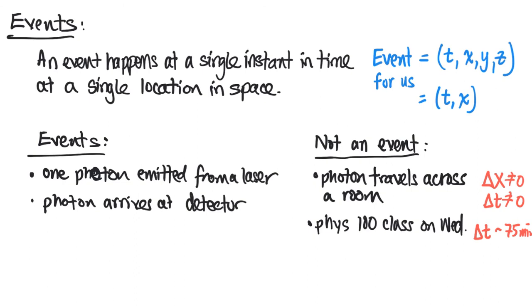That will depend on reference frame, but there will be a conserved quantity that involves both space and time coordinates such that that quantity is conserved and is the same for all observers. And in order to talk about that in more detail, we introduced this idea of an event, which was an occurrence that happened at a single location at a single time. So we'll talk much more about that going forward.